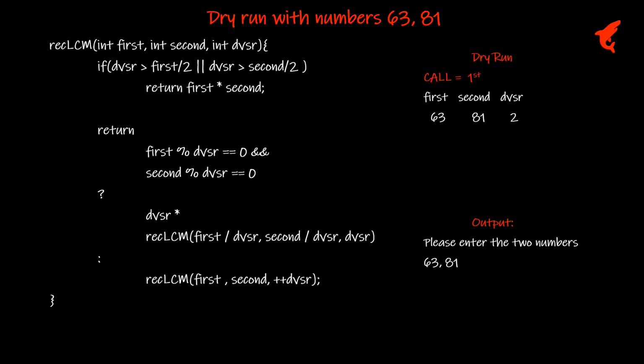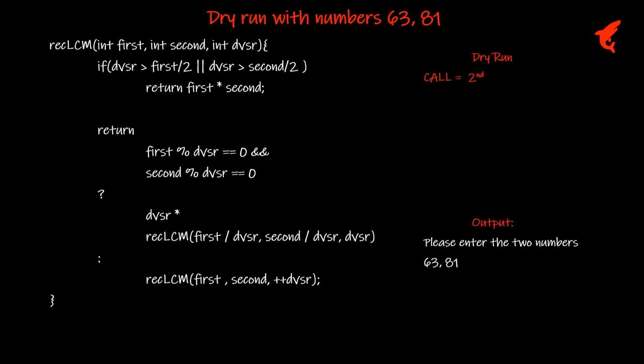So the control jumps to the third expression of the conditional expression operator, that is the part after the colon. So control goes to this particular call. Here the rec LCM function is called again with the same values of first and second, but with the increased value of DVSR, and then the call is made, which is going to be the second call to rec LCM.